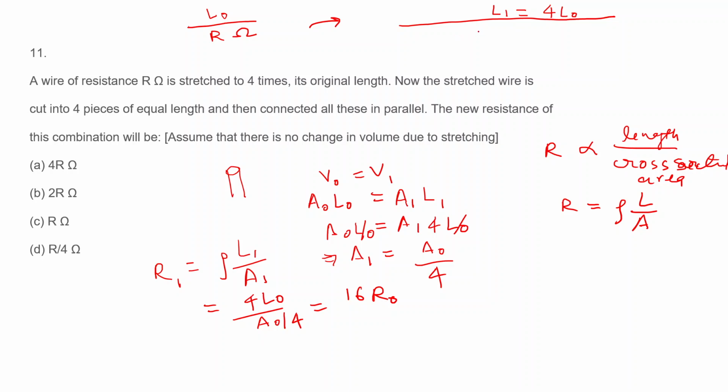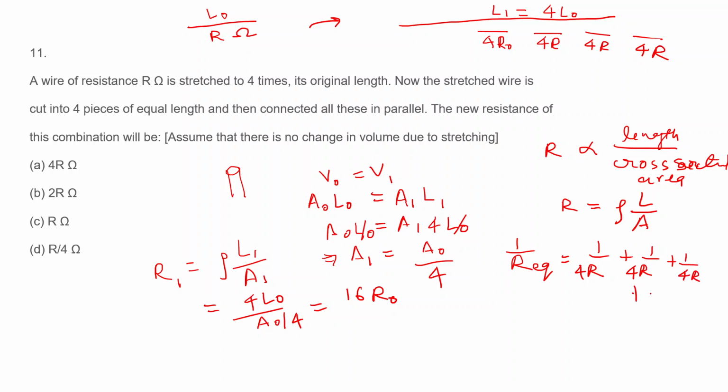So when we cut it into 4 pieces, each piece will be 4R ohm, because R0 was R. And we know in parallel how we calculate is 1 over 4R plus 1 over 4R, and so on, for 4 pieces.